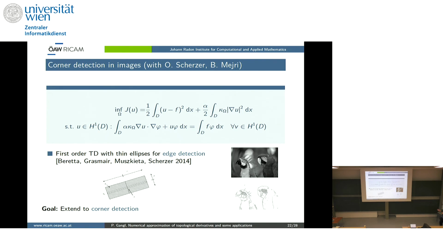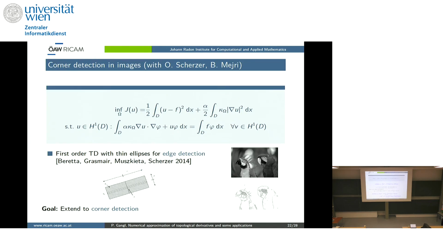Like here, you can see this parrot picture and what they get by their image segmentation based on these topological derivatives. The goal in the current study is to extend this to corner detection, because now we can not only deal with very thin ellipses or very thin bars, but we can deal with arbitrary inclusion shapes that also includes corners, for instance.